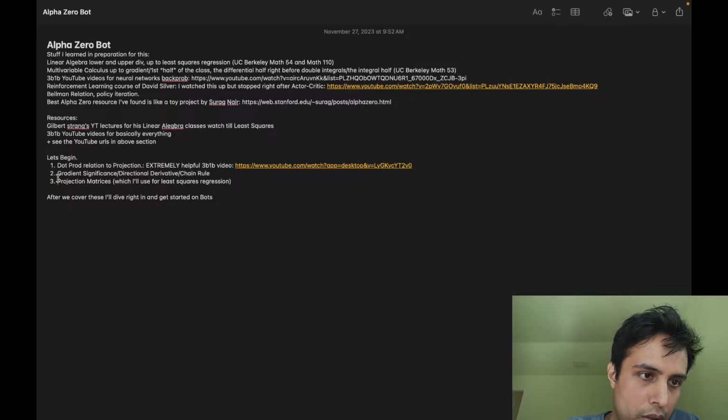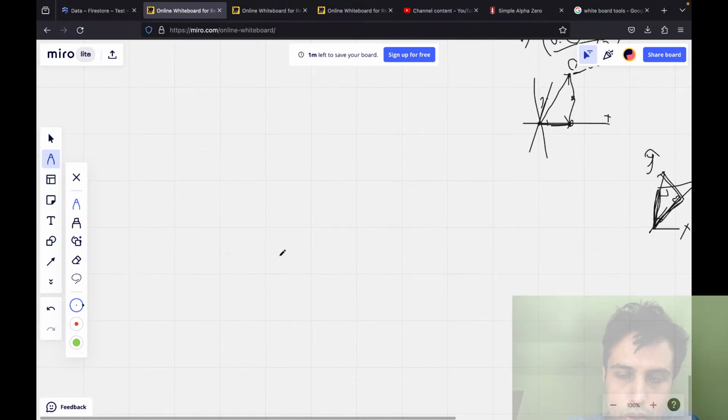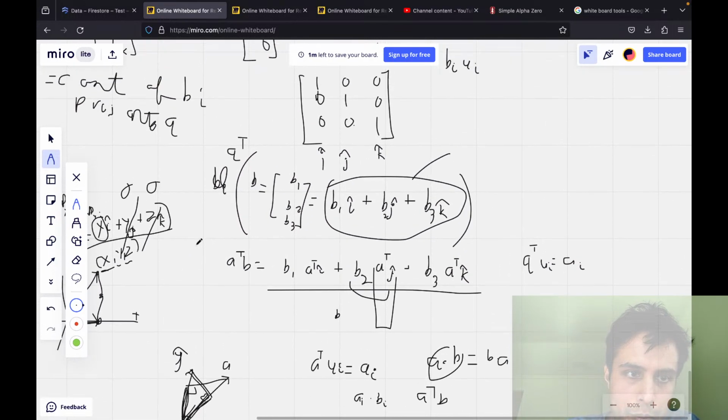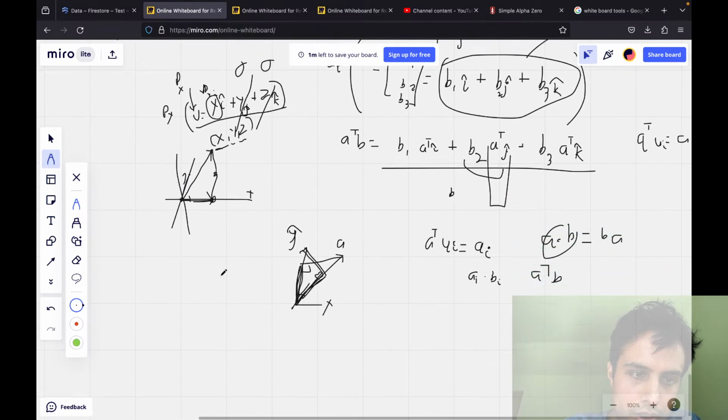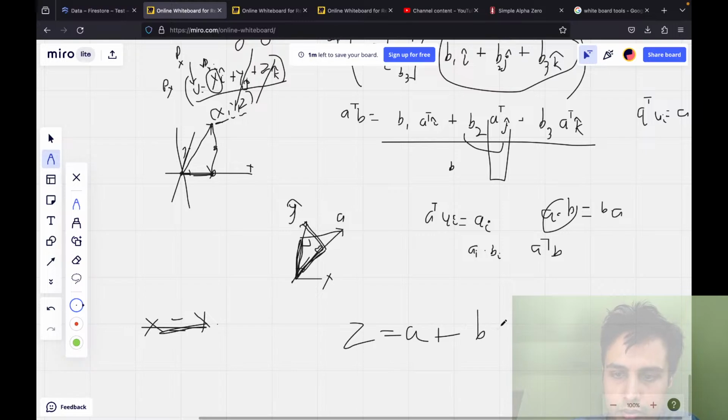And then I'd like to finish on the note that this technique which I just did at the very end, where I took an equation, like z equals a plus b plus c, I've done this at least twice, where I did a projection on both sides, or a transpose on both sides.